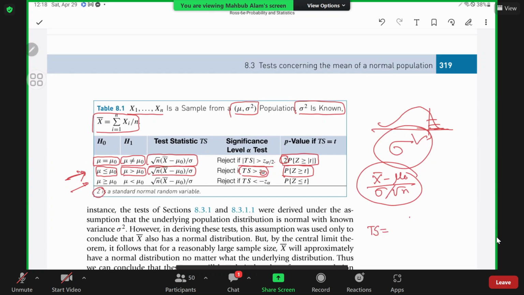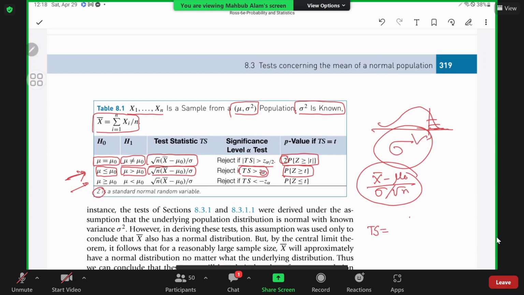This one is a sample from a normal population. Mind it, the population has to be normal. Sigma square is unknown, and we need to calculate the sample mean and sample variance. We know the formulas.